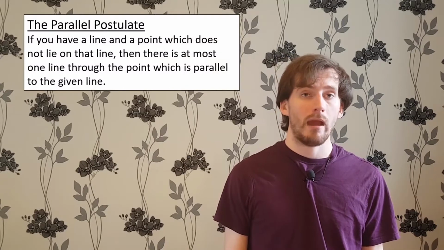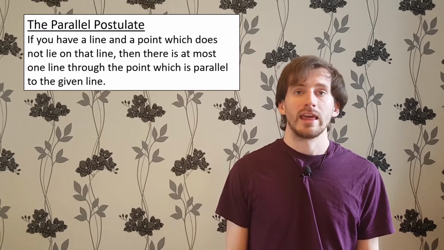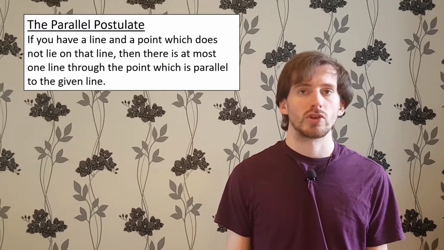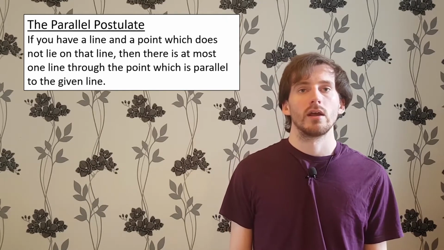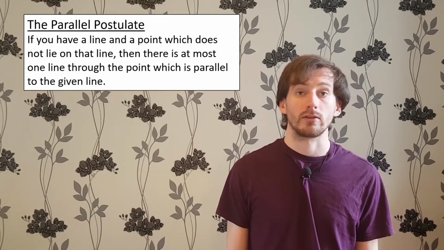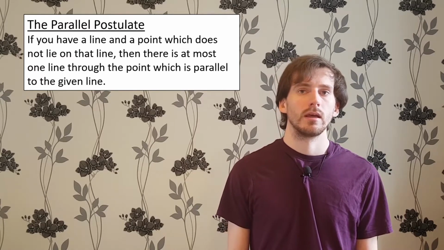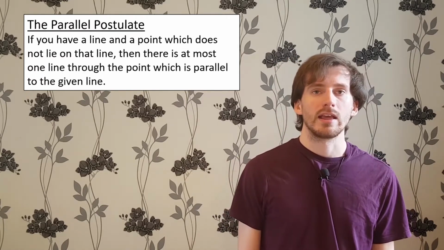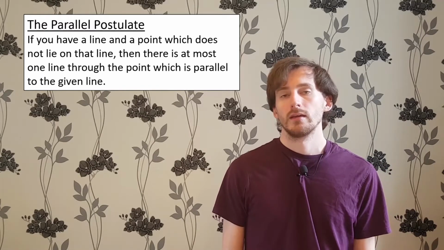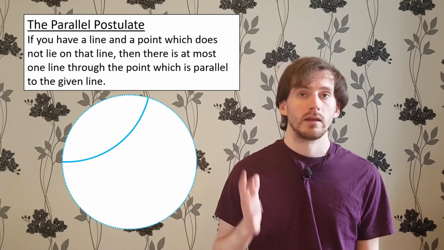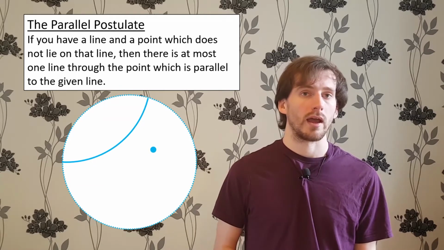However, the parallel postulate and therefore the fifth postulate are false. Remember that the parallel postulate says that if you have a line and a point which does not lie on that line, then there is at most one line through the point which is parallel to the given line. We can see that this is not true quite easily using the Poincare disk. So here's a line, and here's a point not on that line.